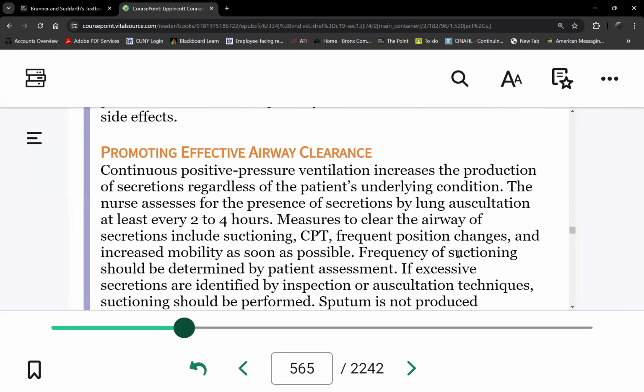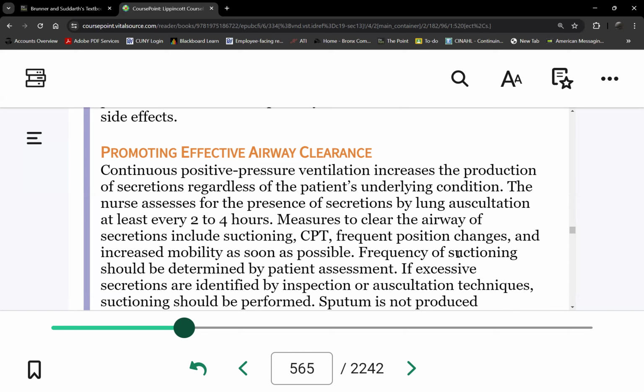So airway clearance, how do we maintain patency of the airway? How often do we suction? And what are those indications for suctioning? High pressure alarm, that could be one. What else? Visible secretions or audible secretions. What else? How do you know that you need to suction the patient?